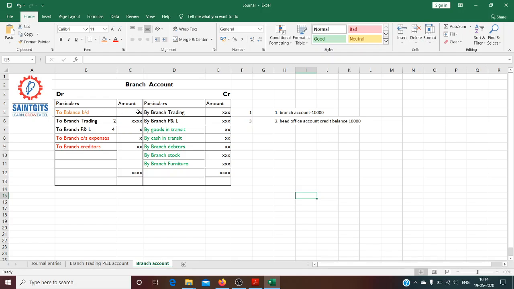You have to put that value as opening balance. This may be available directly from the question, branch account debit balance, something like that, or head office account of a branch shows a credit balance. Hence, branch account balance will be debit balance. And if it is a debit balance account, then the opening balance should be shown on the credit side by balance brought down.